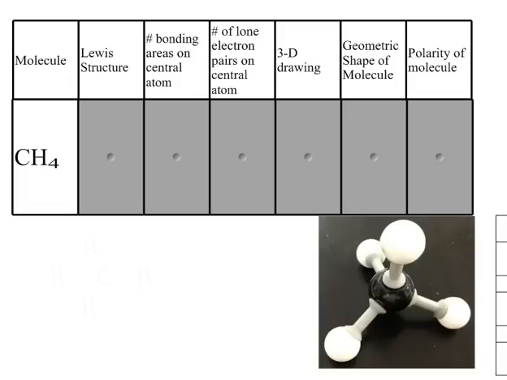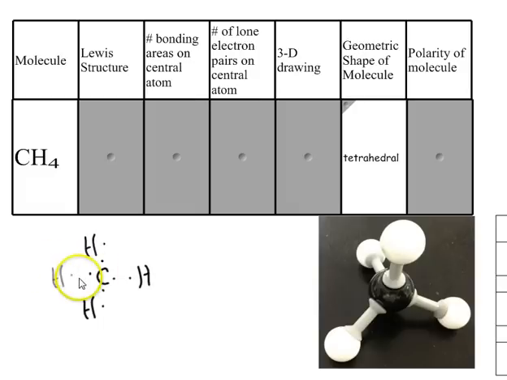The next molecule we're going to analyze is methane, CH4. This is an example of a tetrahedral molecule. If we were to consider the Lewis structure, first take a look at the electron dot structures for the carbon and the 4 hydrogens.